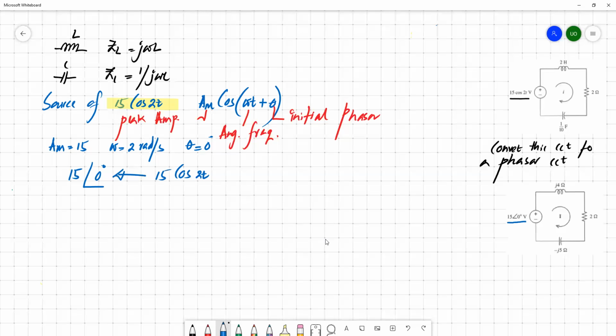So then we can simply replace the inductor and the capacitor. So we have a 2 Henry inductor.